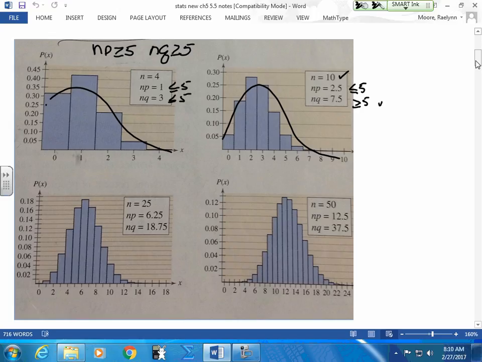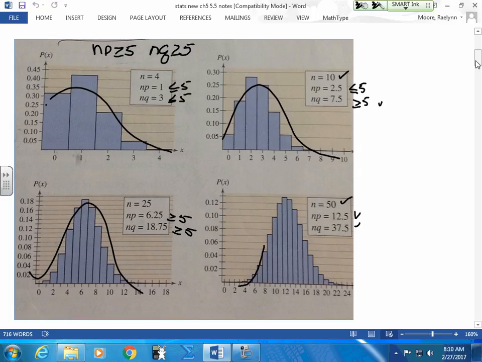This one says n is 25, my n times p is greater than or equal to 5, my n times q is greater than or equal to 5. Pretty close to a normal curve, right? So this one says, yeah, you're pretty good now. You can use this theory to do whatever it is you like to do. And this one too. My n is 50, a little higher, and these came out higher.